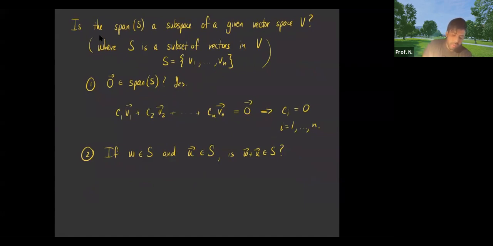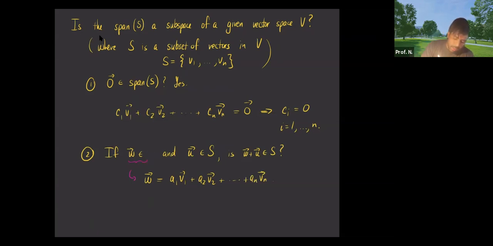If W is in the span of S, this means that W can be written as a linear combination of V1 through Vn. I can say it's A1 V1 plus A2 V2 plus all the way to An Vn.